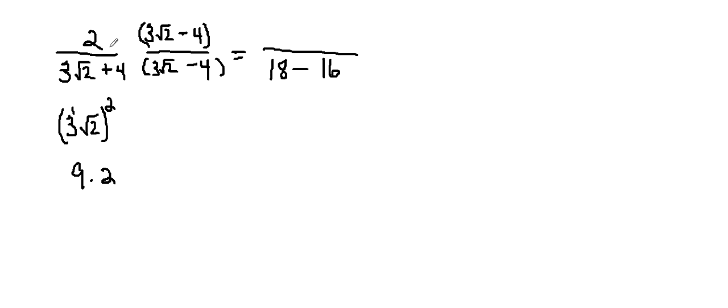Then my top here is going to be 2 times this. Okay, so I'm not going to multiply that out because I see I got 18 minus 16 here is 2, and I'll be able to cancel this out.